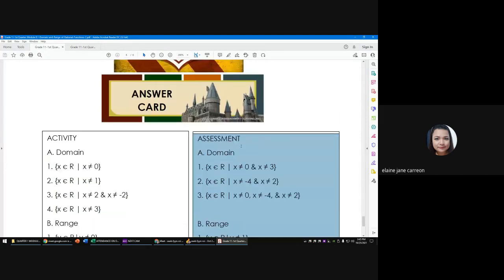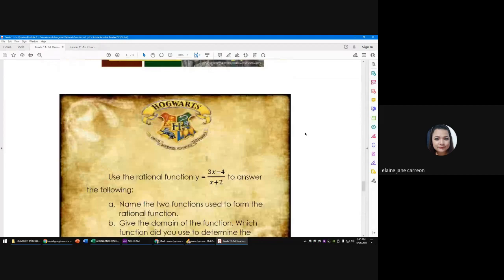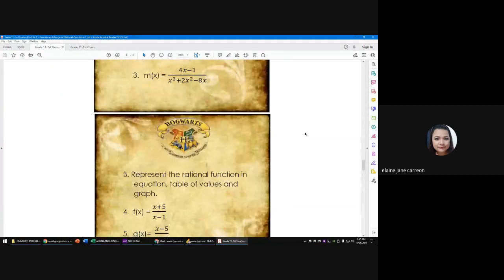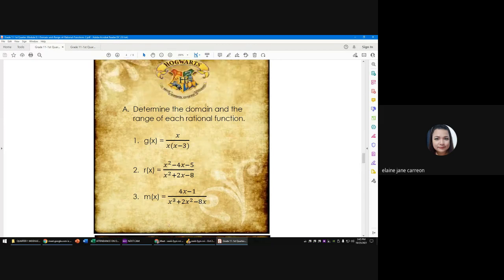And also, yung ibang function kasi, mahirap mong makuha yung range kasi hindi siya one-to-one. Like this one. Tingnan niyo number 2. R of x is equal to x squared minus 4x minus 5 over x squared plus 2x minus 8. Hindi yan one-to-one function.